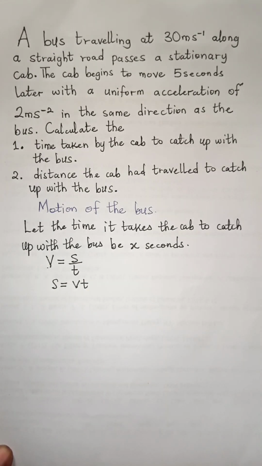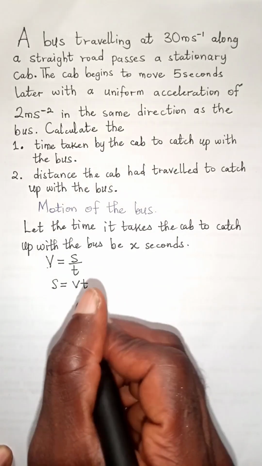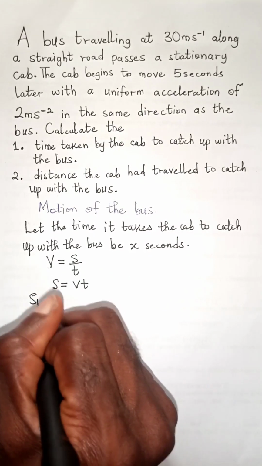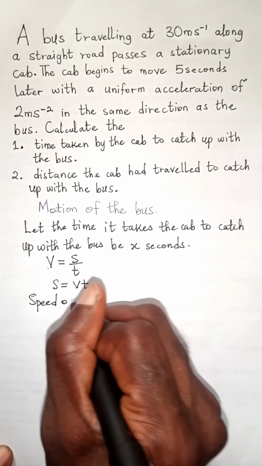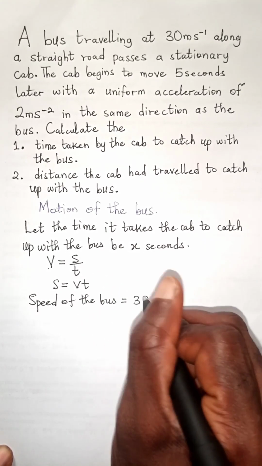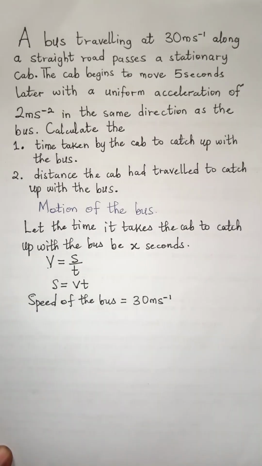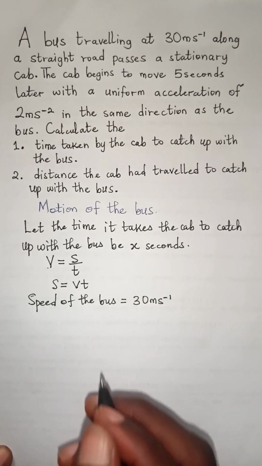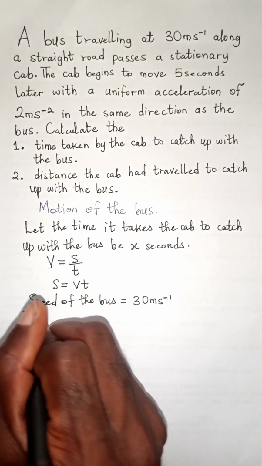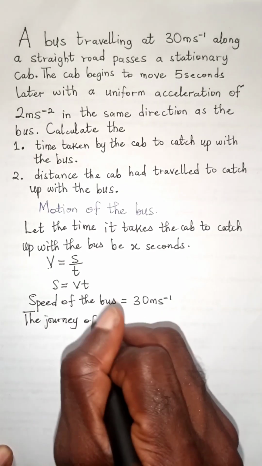Now, like I said earlier on, the journey of the bus is in two parts. But before we go on, we're given the speed or the velocity of the bus. So speed of the bus is given to us as 30 meters per second. Now, let's take part one. Like I have said, the motion of the bus is in two parts.